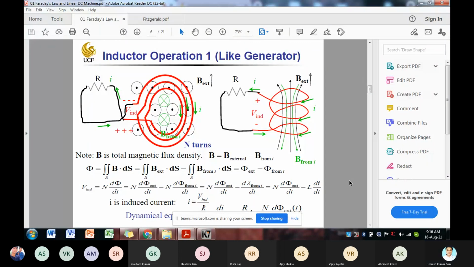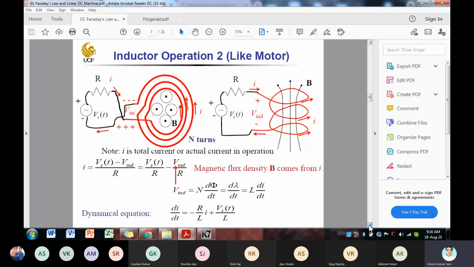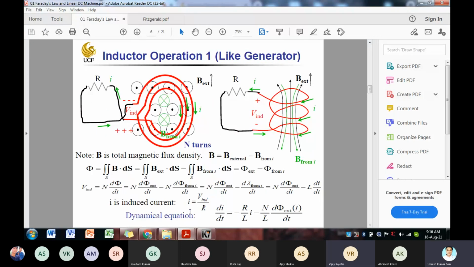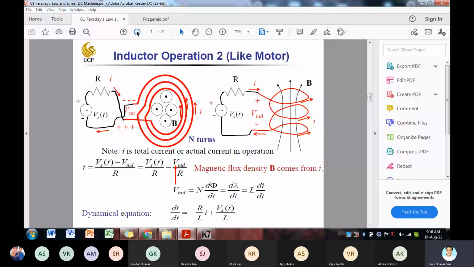Now, if you replace this V induced by Ri, then this whole dynamic equation can be determined, and here you have the motor-like operation.